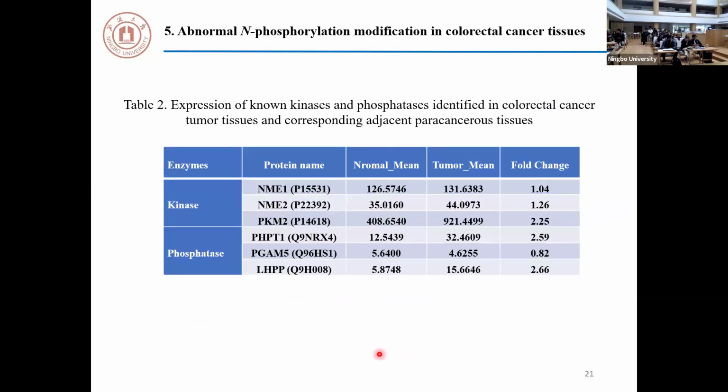We also observed that the expression levels of some kinases and phosphatases that regulate histidine phosphorylation were changed in tumors. So these expression changes may cause changes in phosphorylation modification levels.